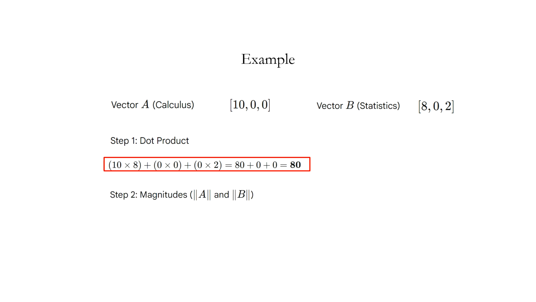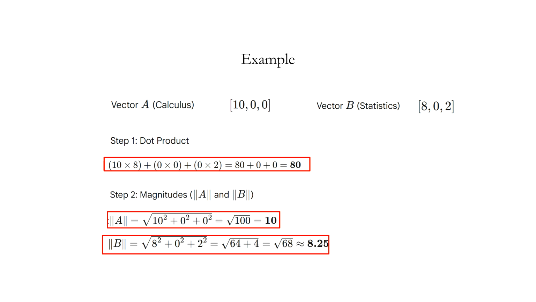Now let's calculate the magnitudes of A and B. We've got 10 squared plus 0 squared plus 0 squared. We take the square root of that, 100, and that's 10. The magnitude of B is 8 squared plus 0 squared plus 2 squared. That's 64 plus 4. We get the square root of 68, and that's 8.25.